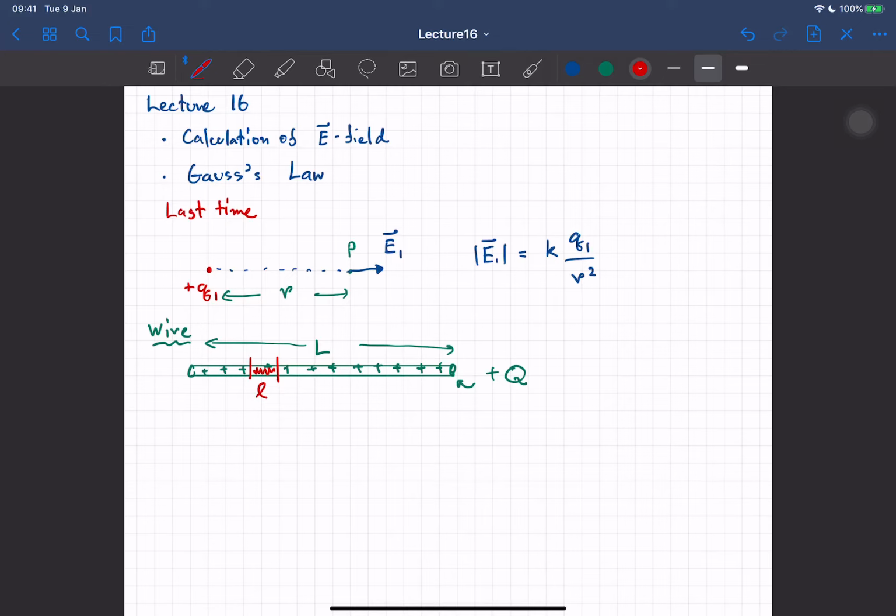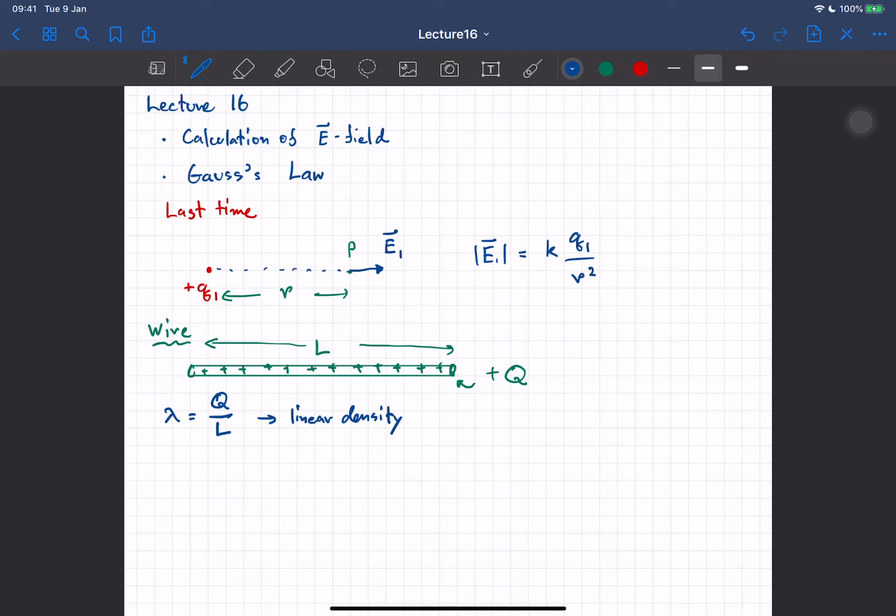It's kind of an elementary ratio calculation. You can just say, okay, if the whole length is L, then what we call here lambda, which I will write as Q over L. This is called the linear charge density.